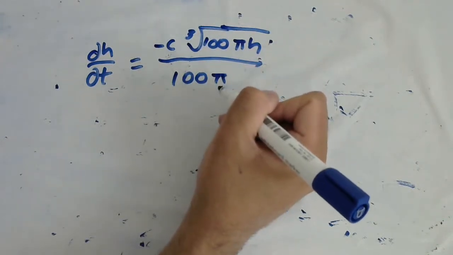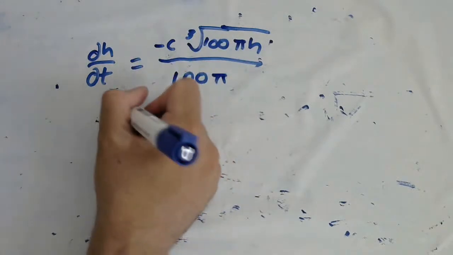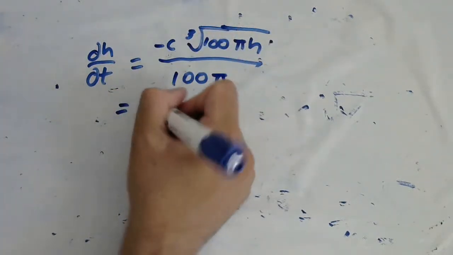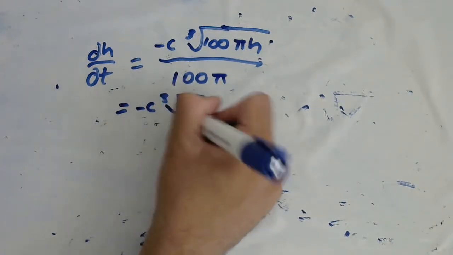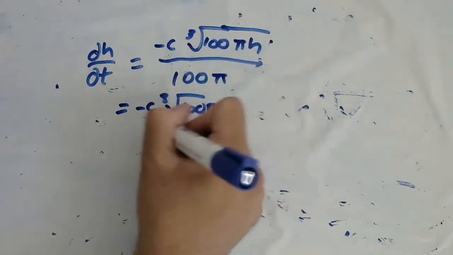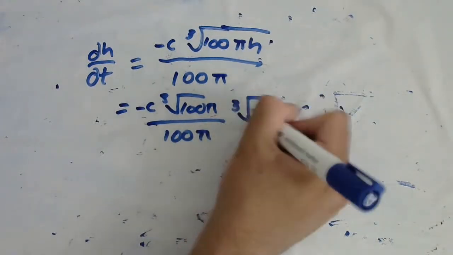Now, what I'm going to do after that is quite simple. I just want the cube root of h. So I'm going to break up that cube root and go, that's minus c, that's the cube root of 100 pi, that's all over 100 pi, and that's going to be times the cube root of h.